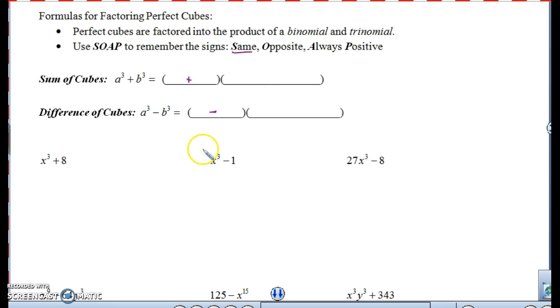The next sign is the opposite sign of whatever this one is. So if this one is plus, this sign is going to be minus. And since this one is minus, this is going to be plus. Same, opposite. Same, opposite. And then the last sign is always positive. AP is your SOAP.